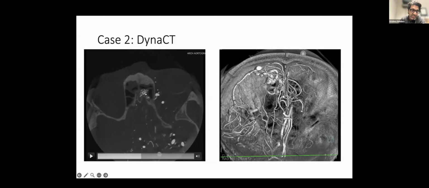And fascinatingly enough, on these Dyna CTs, you can actually see flow voids or non-opacification, in this case, from unopacified flow coming from the additional arterial feeders. In this situation, we know that there's feeders coming from the right side as well.